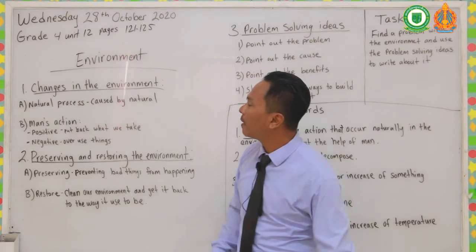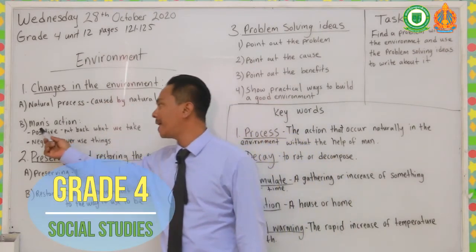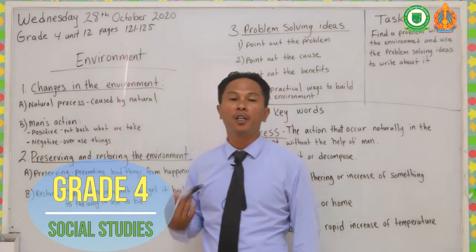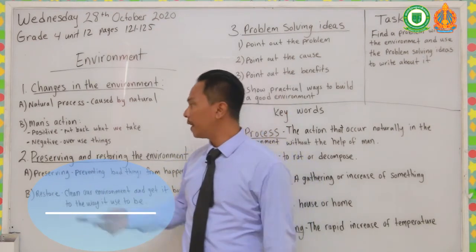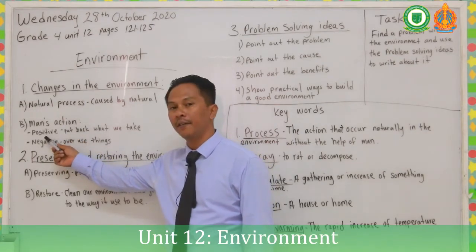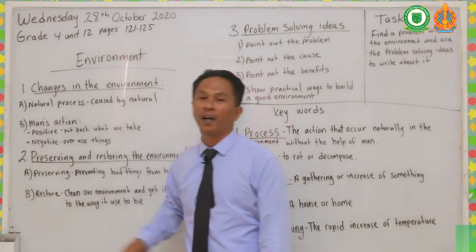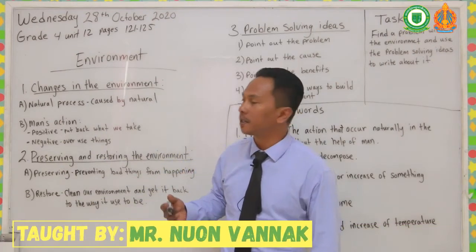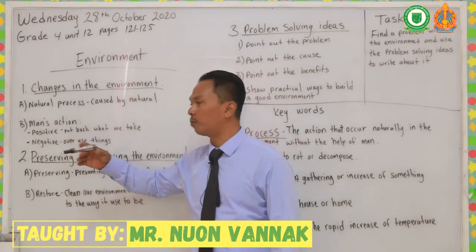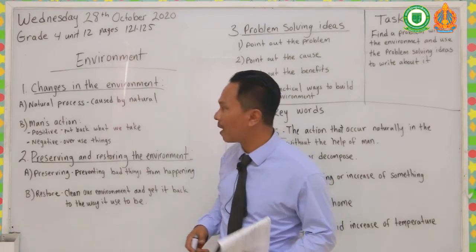Now, another way changes in the environment are caused is by man's action, by humans, by people, okay? Now, there are 2 parts to man's action. We have a positive and a negative, okay? Positive always means good, right? So when we talk about positive, what are humans doing that is good to help out their environment?